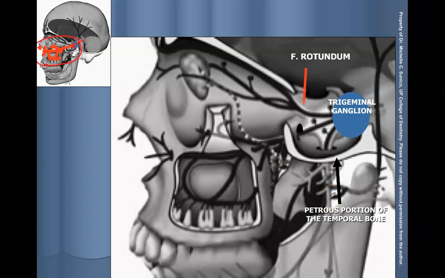Next will be the foramen rotundum, where the main trunk of the maxillary nerve will exit. And this area here is the pterygopalatine fossa area.